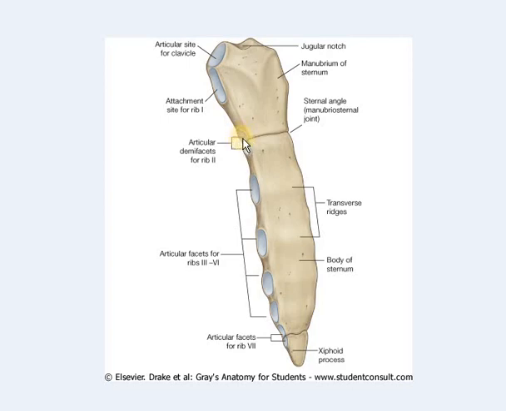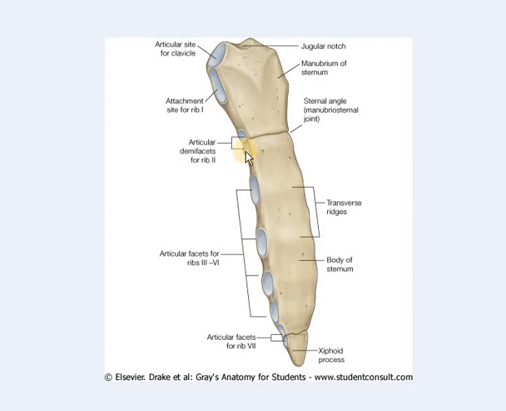At this demifacet the upper part of the second costal cartilage articulates with the manubrium. Similarly, a demifacet is also found on the upper part of the lateral border of the sternum, where the lower part of the second costal cartilage articulates with the sternum.